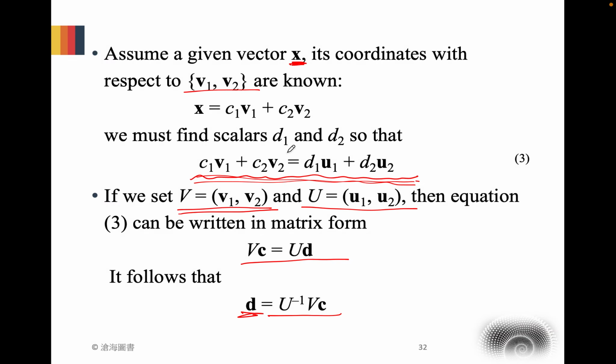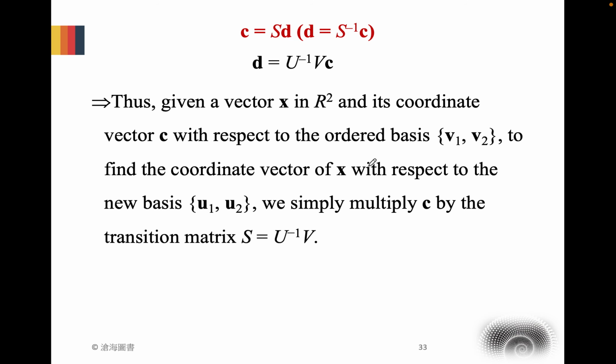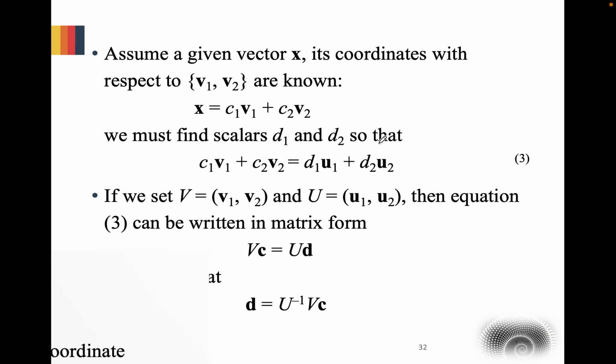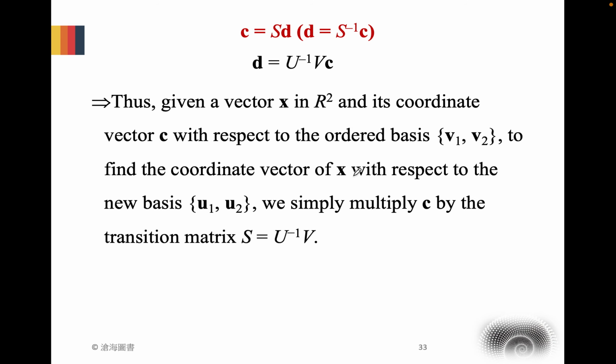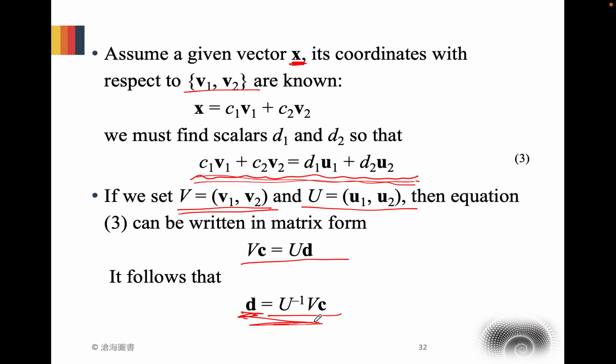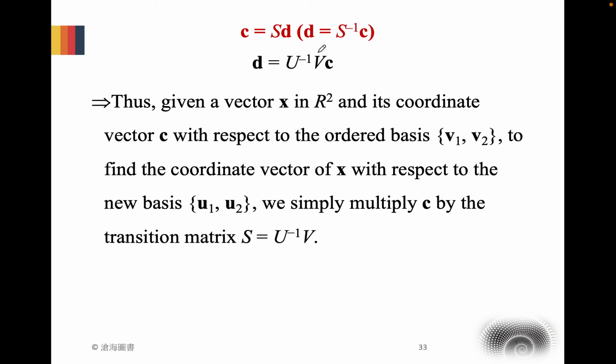However, in this slide, D1 and D2 are the coordinate vectors with respect to U. Okay, so these two slides are bad. Maybe I need to make some modification. But basically, the way we derive the transition matrix should be the same. So please take a look at your textbook carefully in case they make these kinds of mistakes. Okay, so now we know, D is equal to U inverse VC.